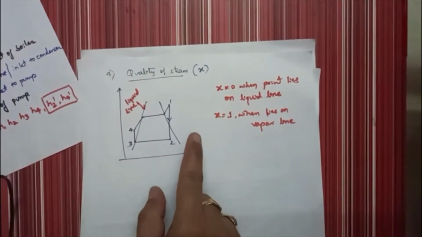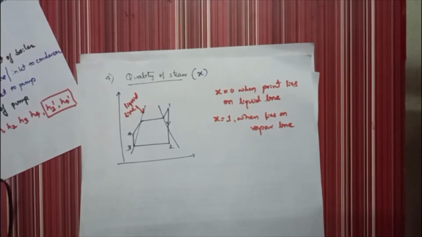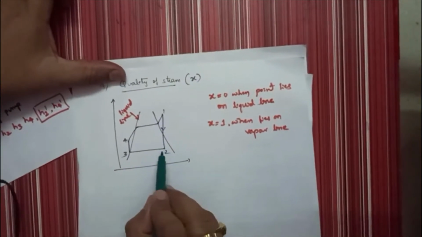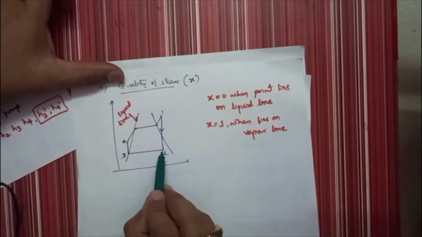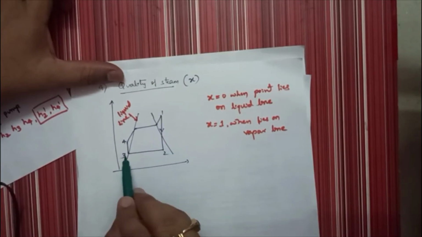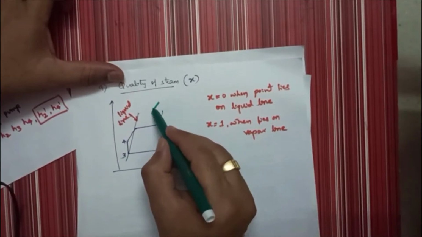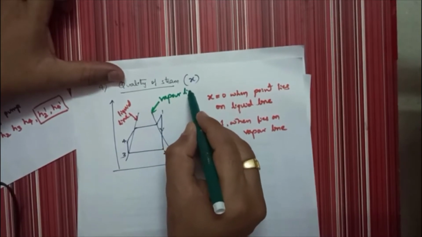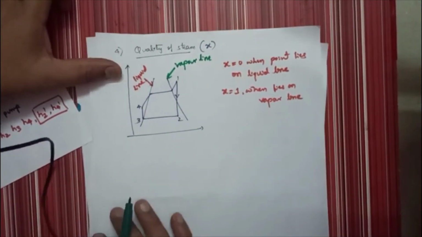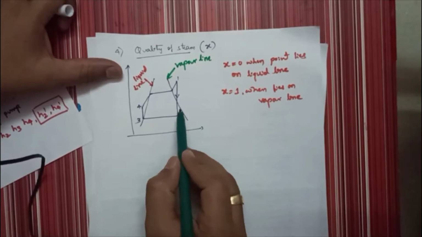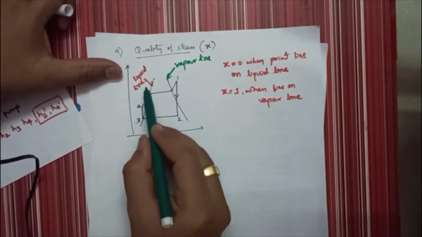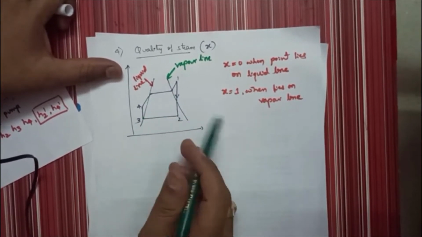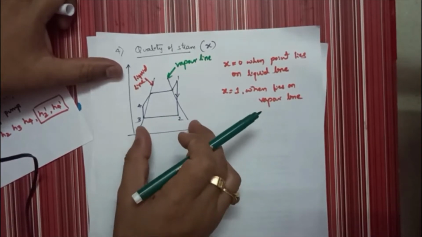Now coming back to this TS diagram, we will discuss now. The point number 2 is not on the vapor line as well as not on the liquid line. This is the vapor line. So point number 2 is between these two lines.